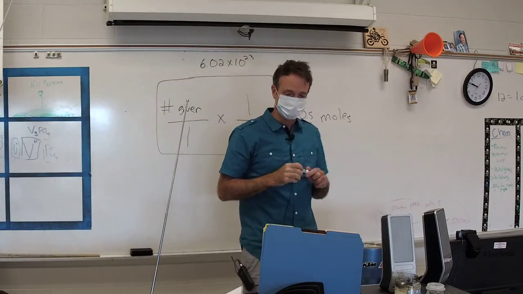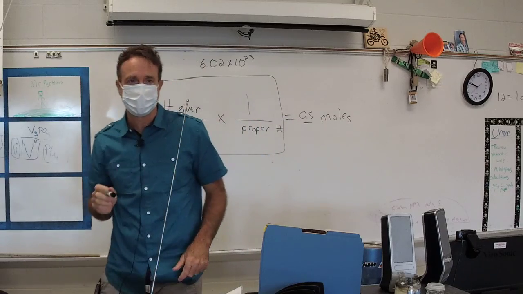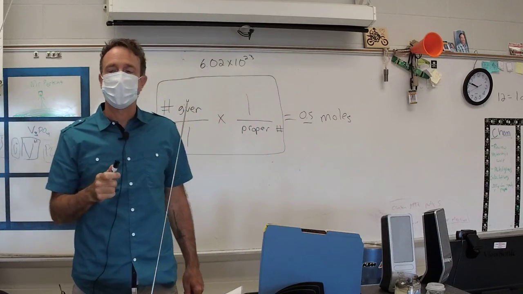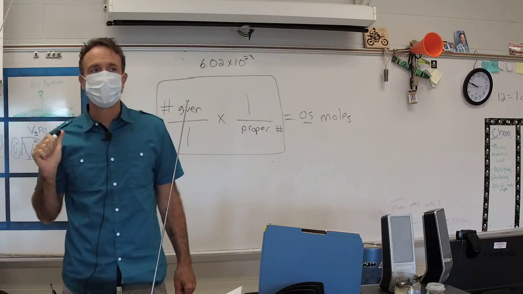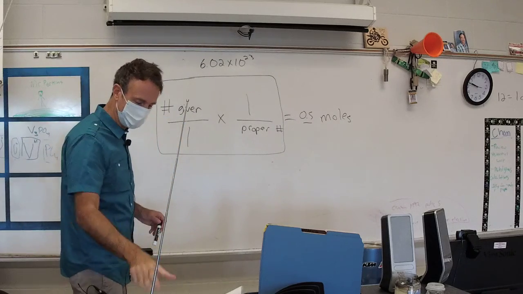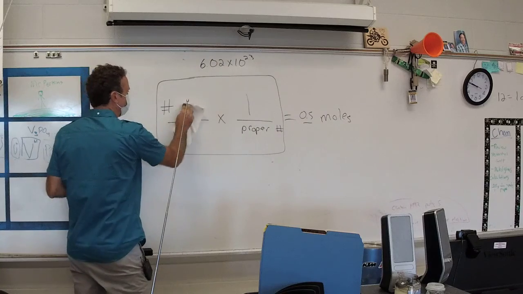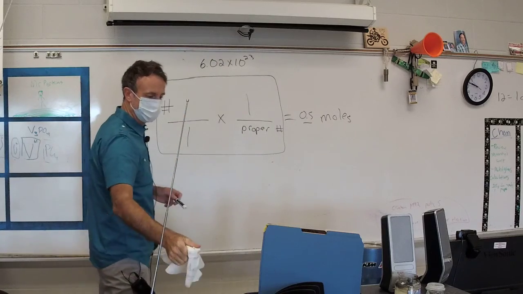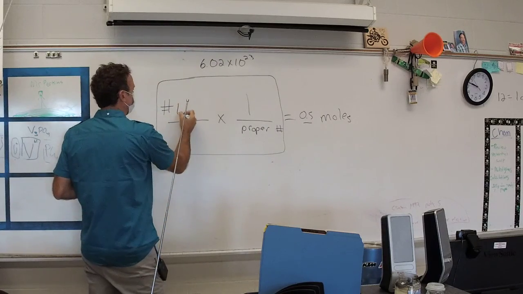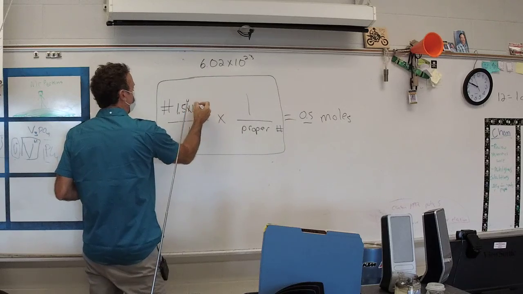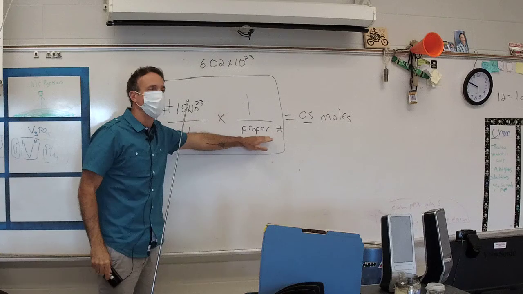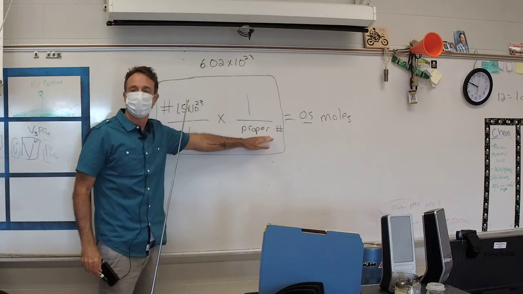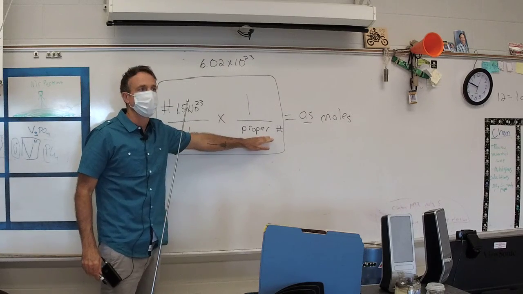Here's what I'm going to tell you. What if you were given 1.5 times 10 to the 23rd atoms of sodium? Then you'd be like, okay, I'm given 1.5 times 10 to the 23rd atoms of sodium. What's the proper number for the number of atoms of sodium that are in a mole?